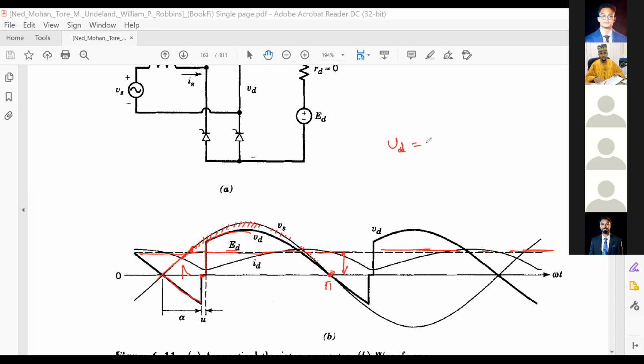ED equal to RDID, then LS dID by dt plus. So VD will not be equal to your VS. Why?